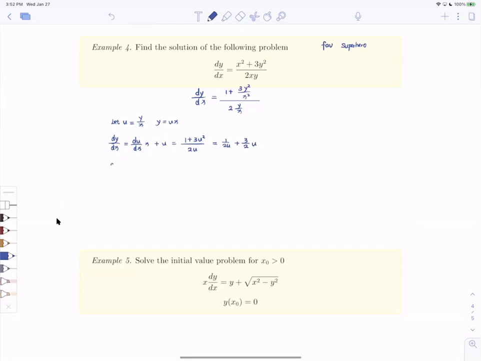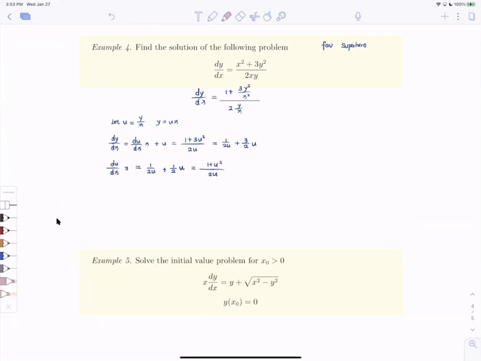So we have du over dx times x equals 1 over 2u plus 1 over 2u, which equals 1 plus u squared over 2u.